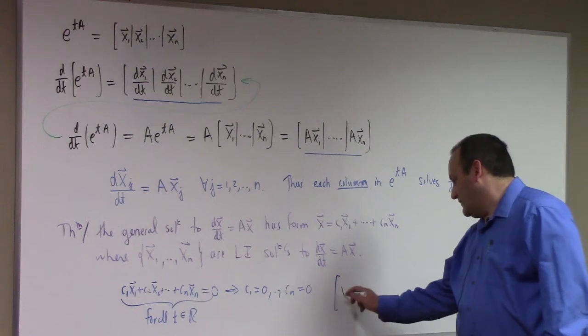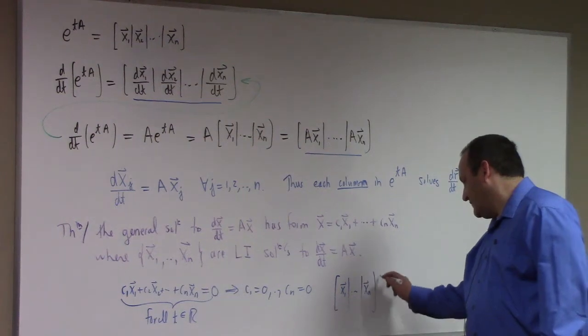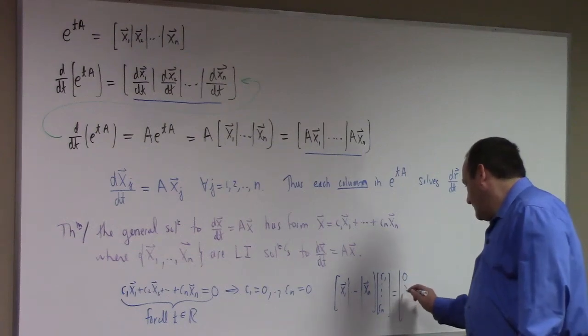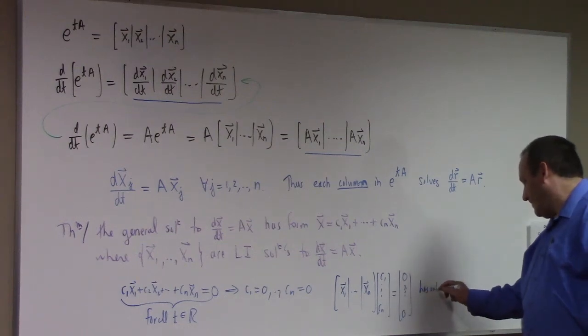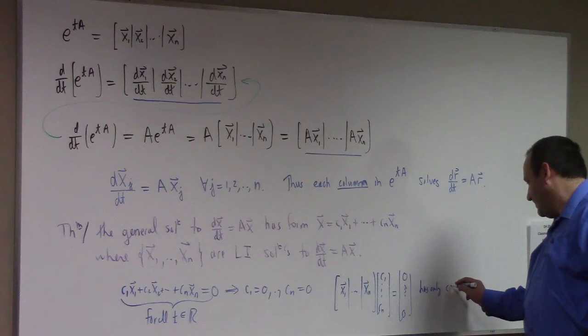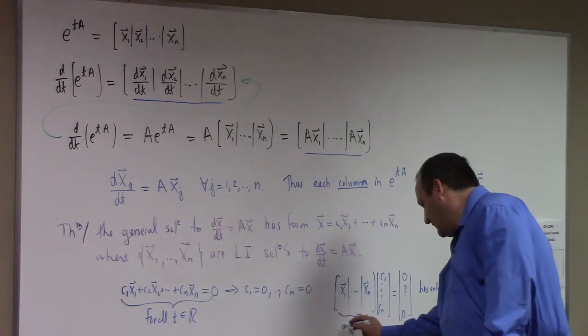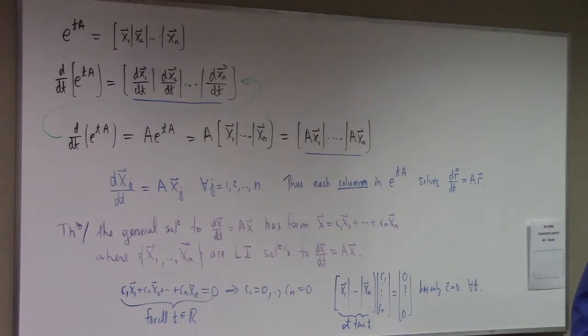You could rewrite that as the matrix of functions x1 through xn, times c1 through cn, equal to 0, has only the zero solution for all t. Again, this is at time t. Now, if we have a matrix and we want it to have only the zero solution, we want it to be invertible.